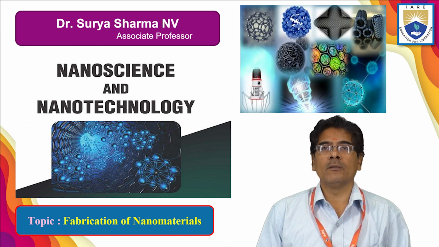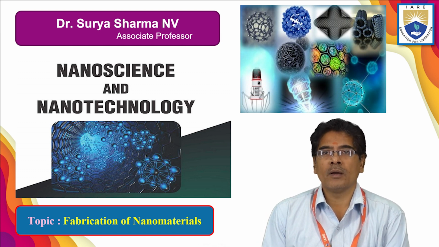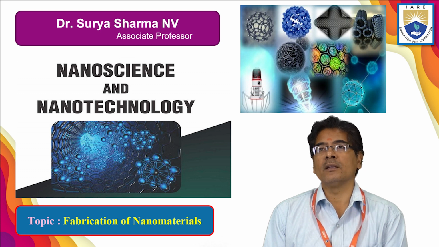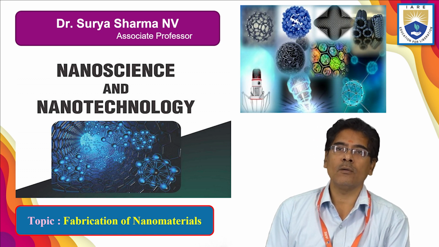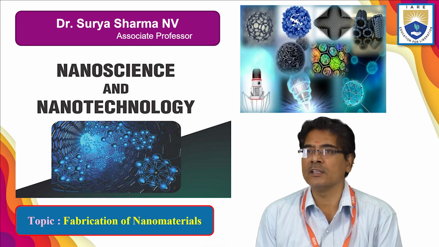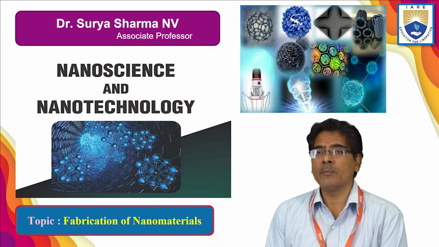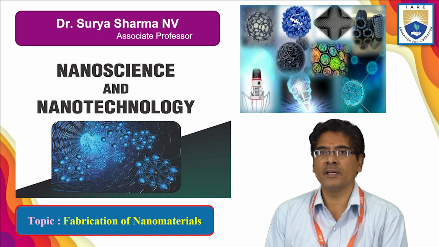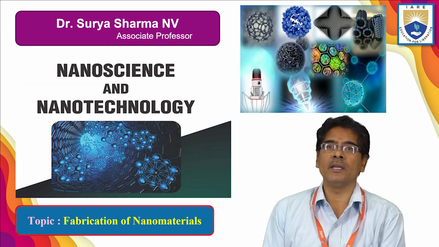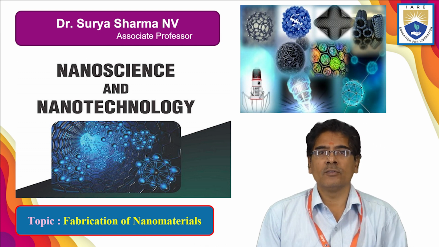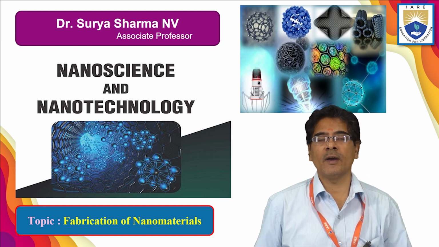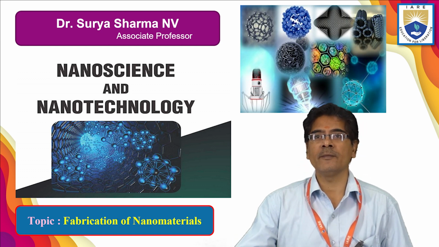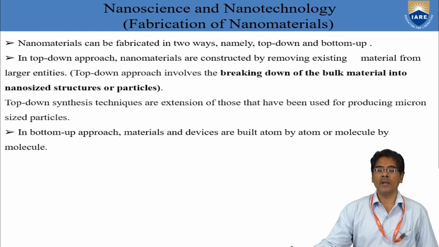Now today in this lecture, we will discuss how the fabrication of nanomaterials takes place, that is, how materials in the nano range are fabricated. There are different methods. Nanomaterials can be fabricated in two ways, namely top down and bottom up.